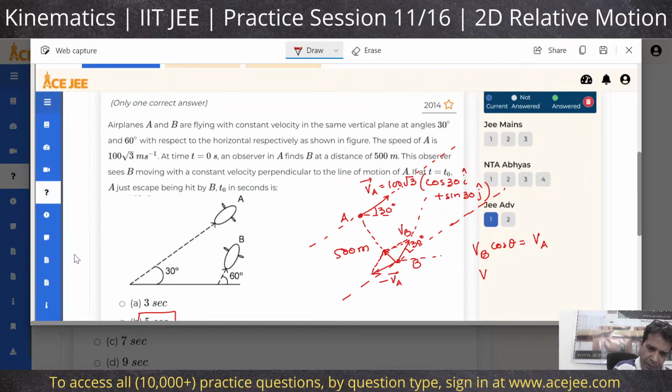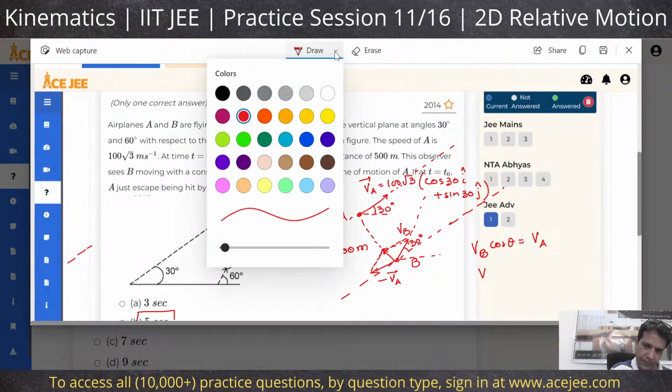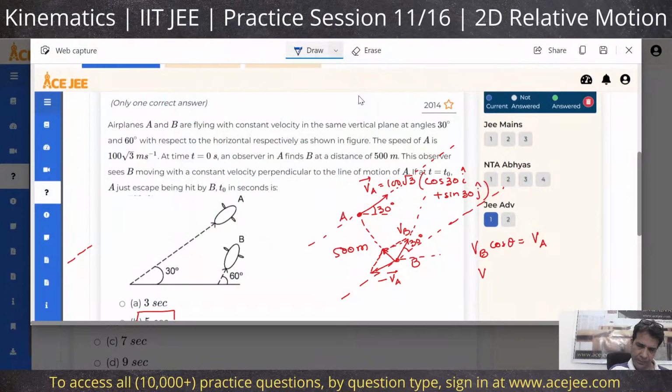So beta, let me just draw it in a different color. A is moving along this direction. Correct, no beta? Yes, sir. Now B's path is this.